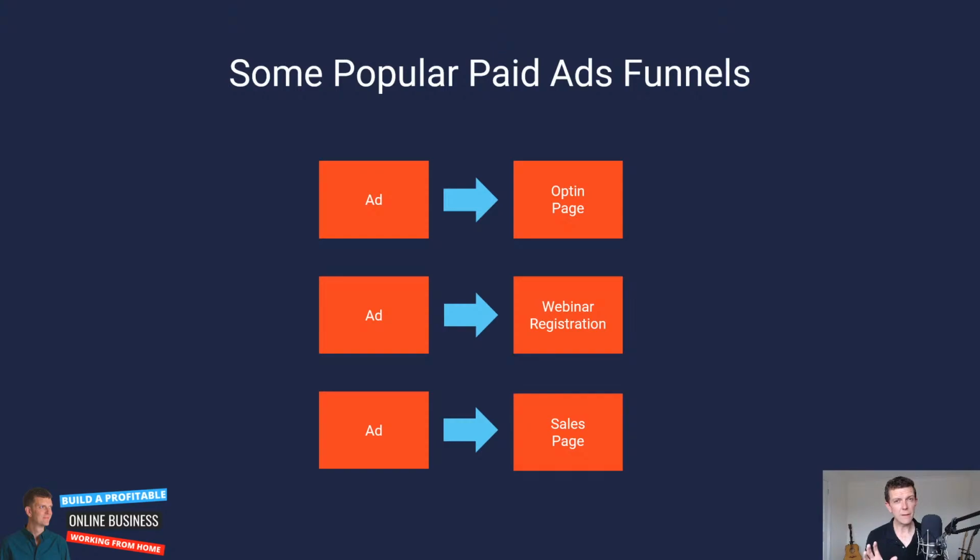However, that can be really effective, particularly if you're advertising to people who are slightly warm, not stone cold traffic. So you're not advertising necessarily to people who've never heard of you before, who see your ad completely out of the blue and have never seen anything from you or about you before.